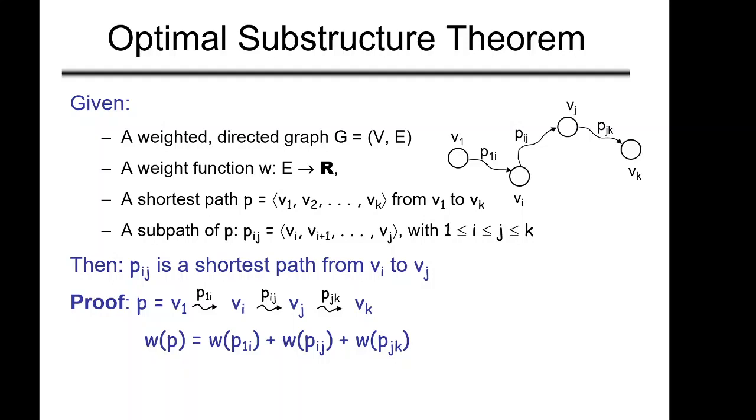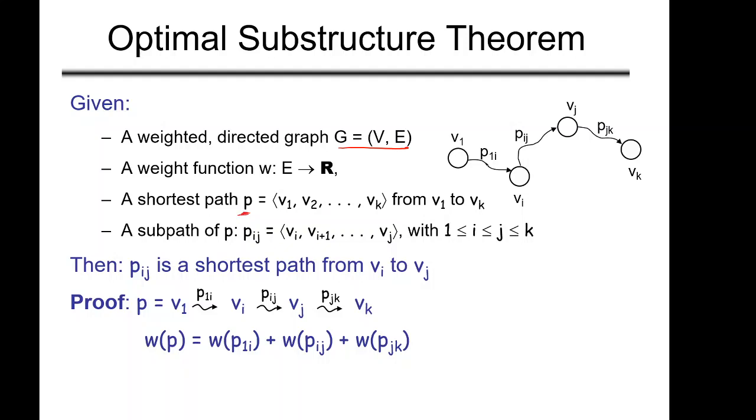Let's assume that we are given a weighted directed graph G with weight function W, and let there be a shortest path P from V1 to Vk.